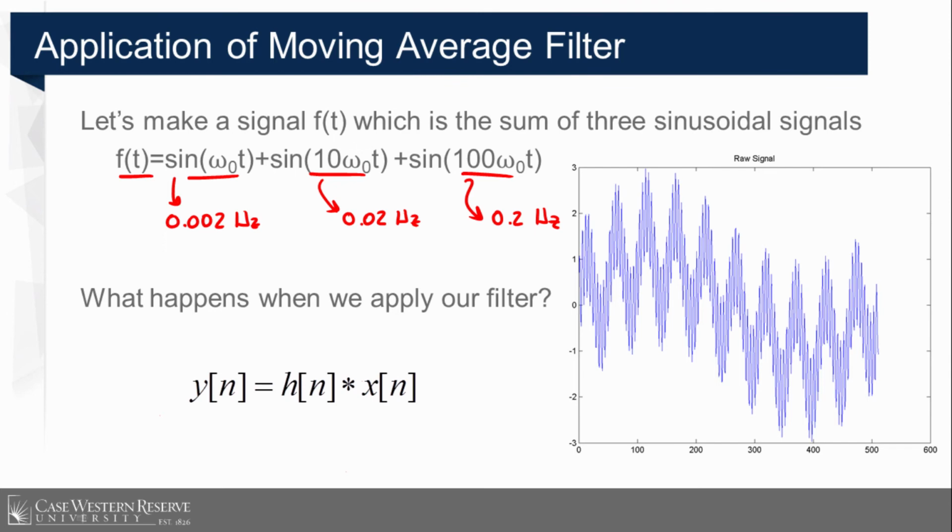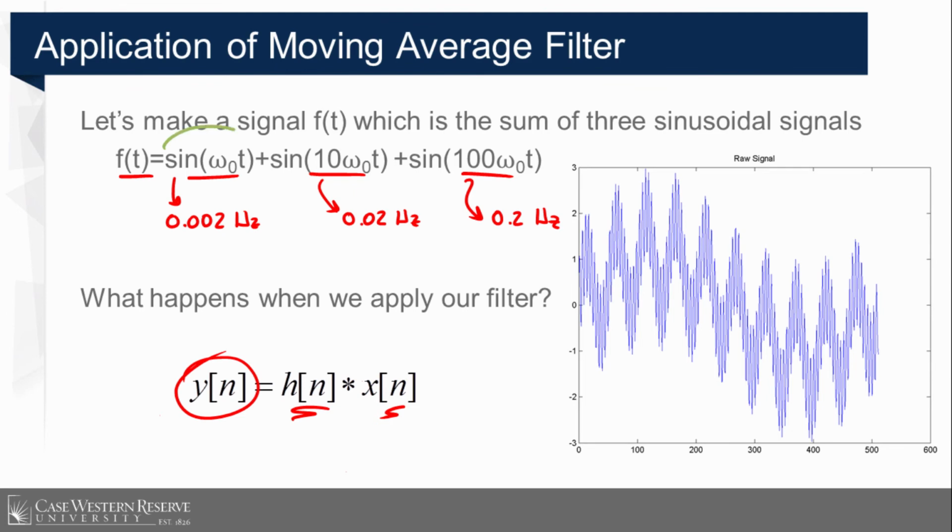Okay, so let's think back to what our filter was doing. So we're going to actually apply this filter by convolving our elements of the impulse response with our sampled input signals in order to get our outputs. All right, so let's think about what we expect our output signal to look like. Well, thinking back to the frequency response on the previous slide, we saw that frequencies that are very close to 0 will pass through this filter mostly unscathed.